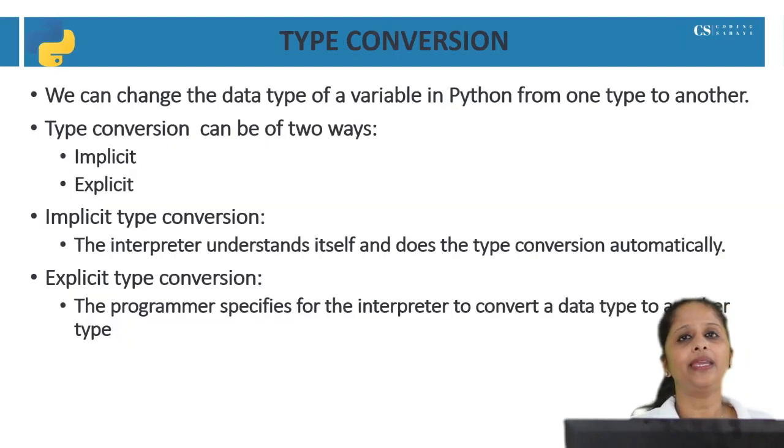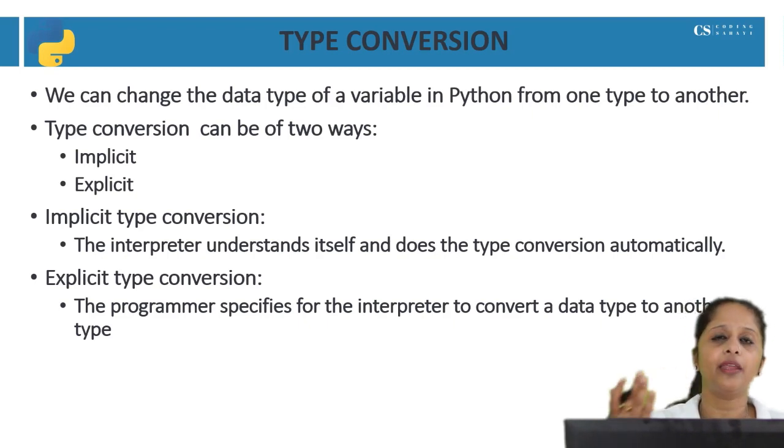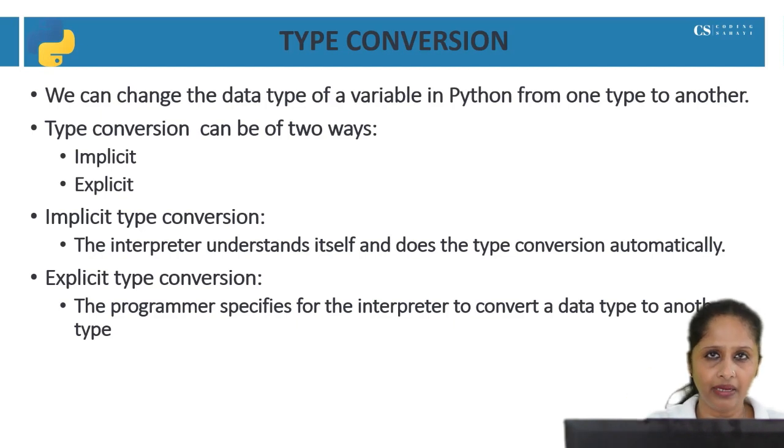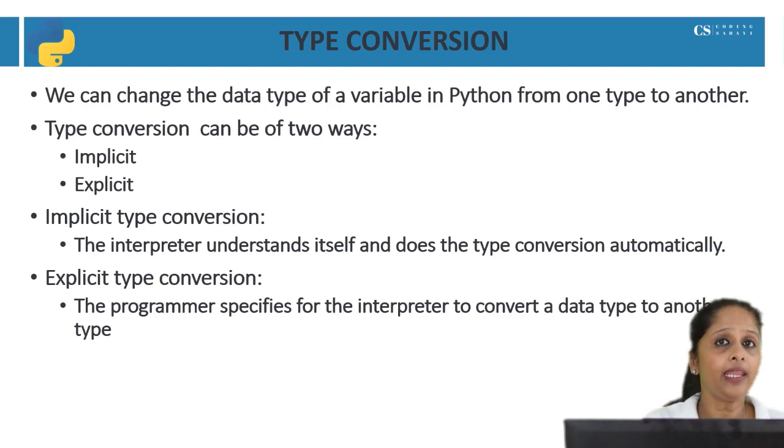So the next topic is type conversion. From the name itself you can understand that it is conversion of data type. You studied the data type, so this is converting one data type to another data type. We are declaring a variable with one data type, and while writing the program, you are writing some tens or hundreds of lines of code.